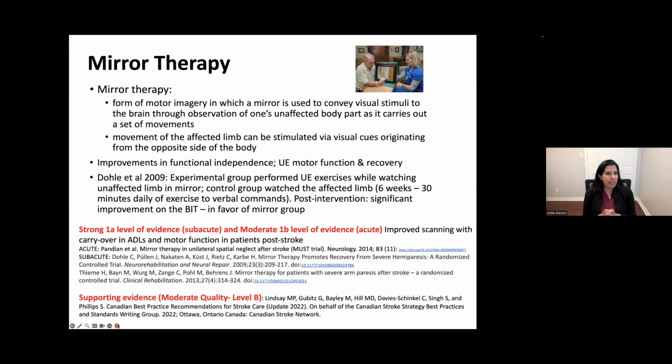Mirror therapy, again, is a form of motor imagery where you're essentially looking at a mirror image. You're moving your unaffected arm and watching the reflection of your unaffected arm moving, and it tricks your brain into thinking that your arm affected by the stroke is actually moving as well, when in fact it's inside the mirror box, occluded or covered.